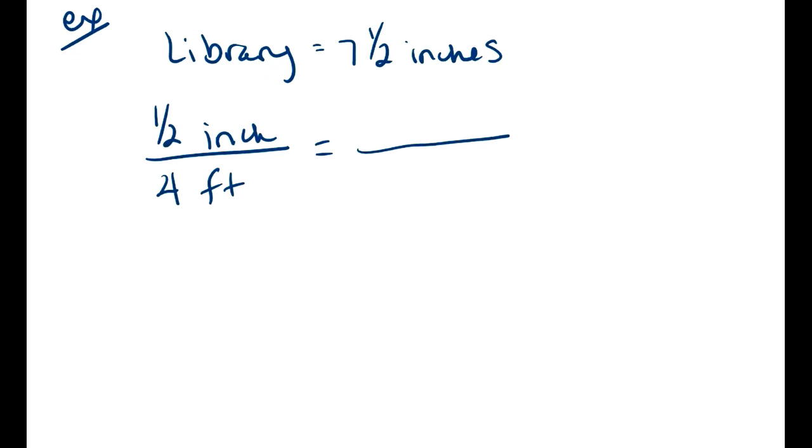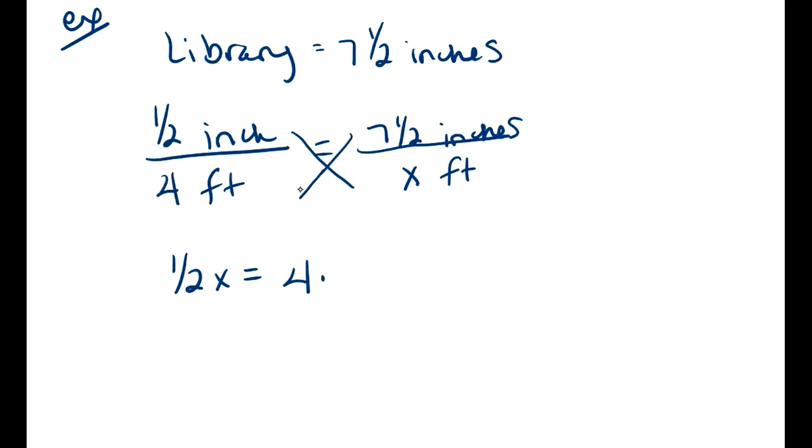And again, I know inches, so that needs to go on top here. What I don't know is the feet. All right, at this point, we can set up our cross products again. So we have 1/2 x equals 4 times 7.5.